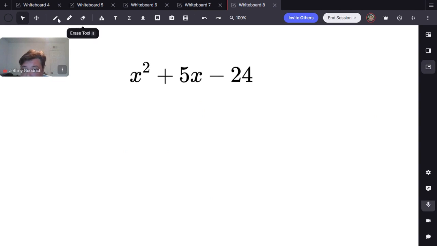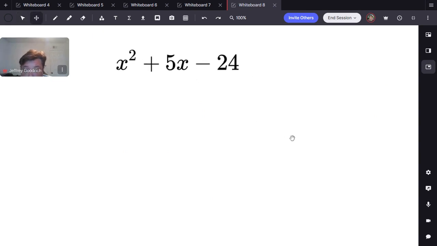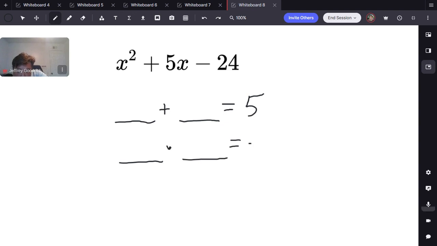All right, and our final one here. So same deal. It needs to add to the middle term, which is 5, and it needs to multiply to the last term, which is -24.